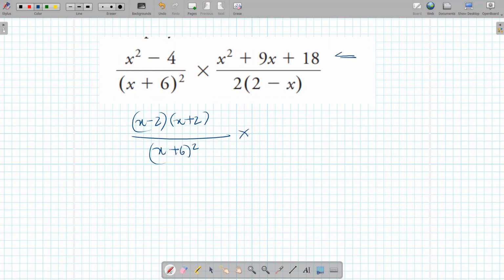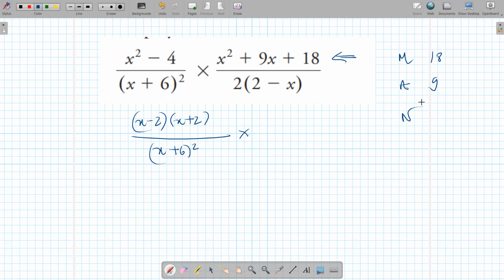This one, quadratic trinomial, what does it factor out to? It multiplies to 18, adds up to 9. What are the numbers? Do they exist? They do exist. Just think about what multiplies to 18.